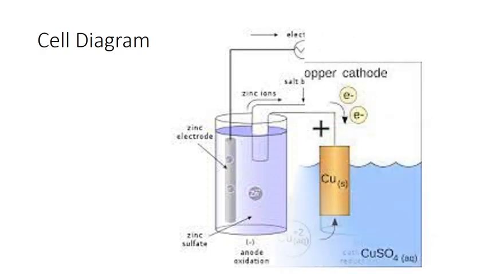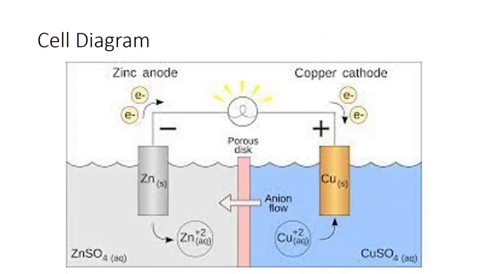The next picture I'm going to show is the exact same setup. It just doesn't have a specific salt bridge. It has a porous disc, or a semi-permeable membrane, that separates the two sides so that ions can flow. In fact, in this one, it only says anion flow. So anions are moving from the copper side to the zinc side because those are the negative ions.